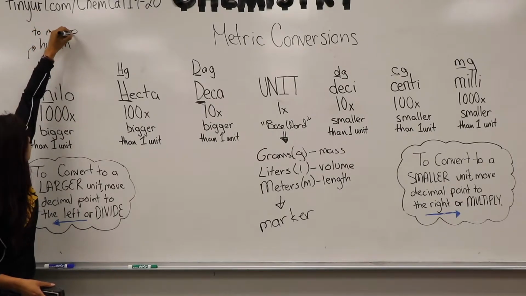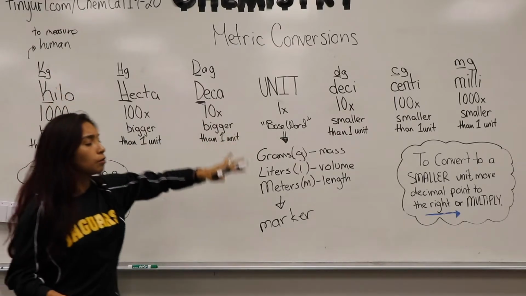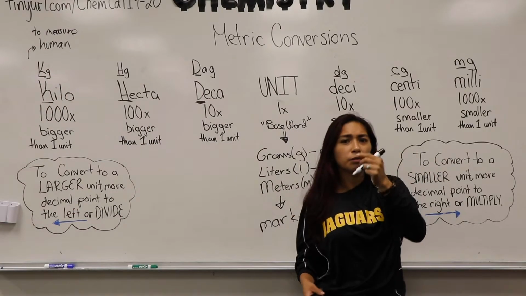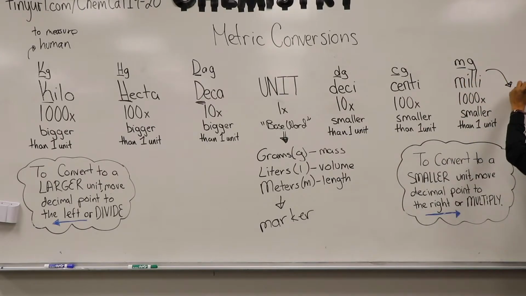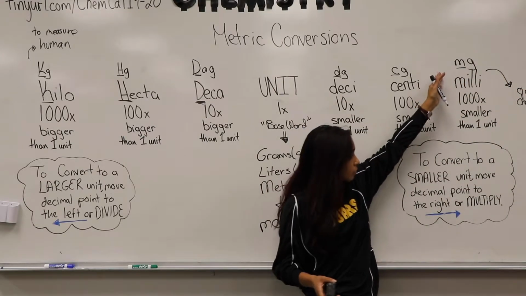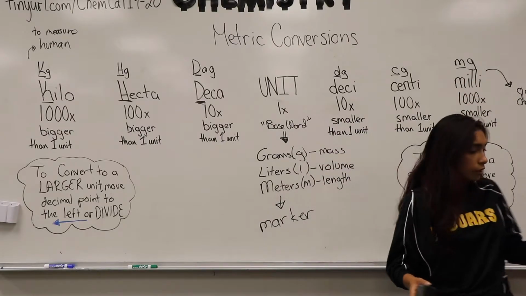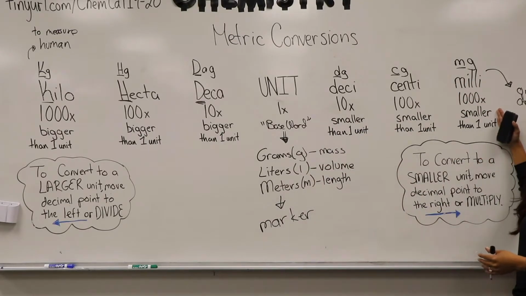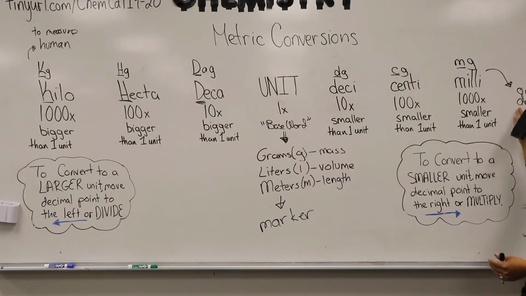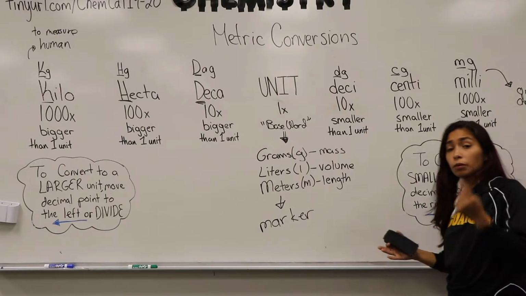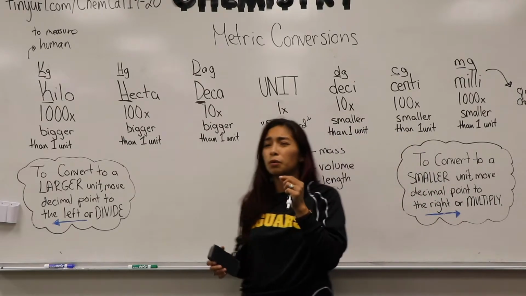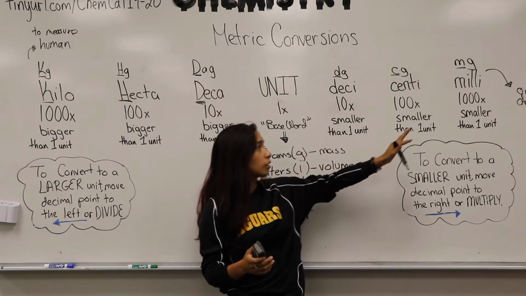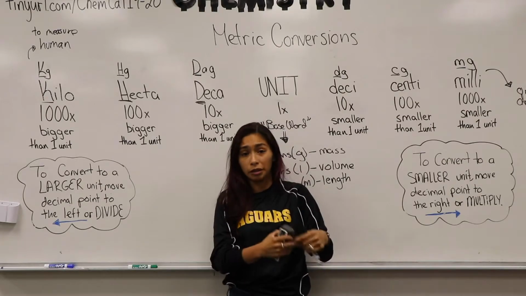And we will probably use milligrams for maybe 1 drop. But you would want to ask yourself, Miss, why are we going to measure 1 drop? Well, scientists in labs sometimes have to use only 1 drop. So it is very important that we have units that are able to adapt to our needs.